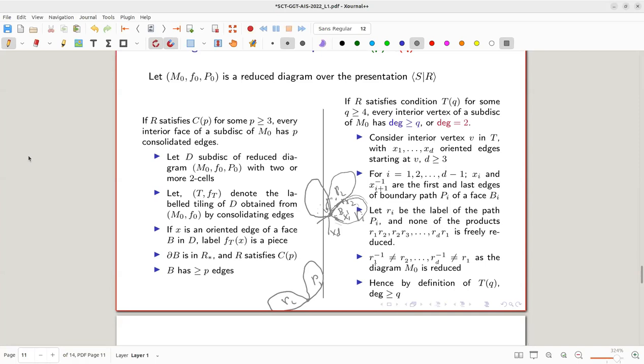Because you do not have any cancellation, correct? But in this case, it is not the situation. So none of them are freely reduced. So you satisfy this.